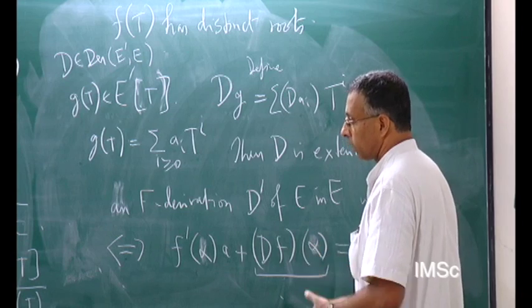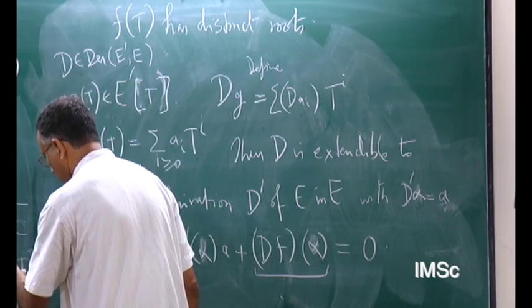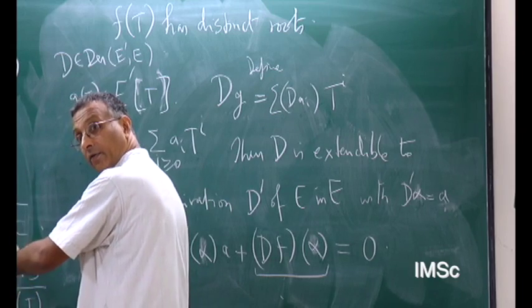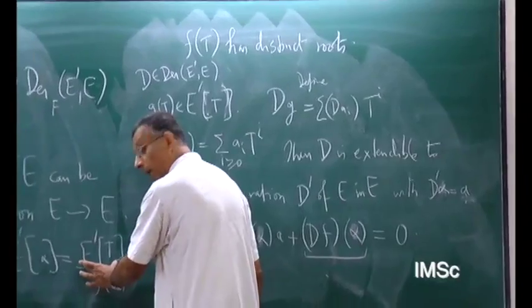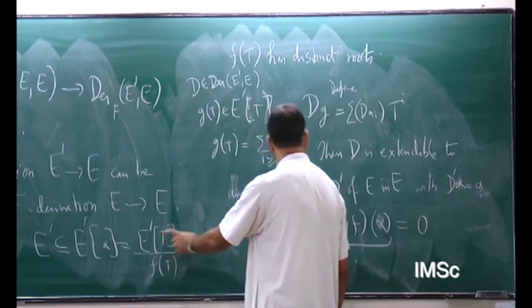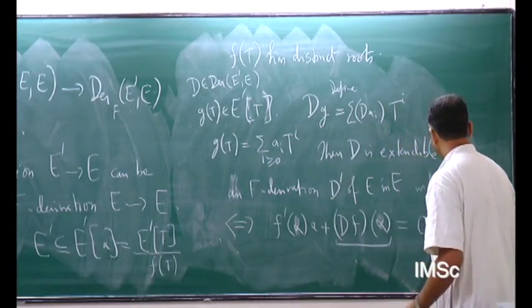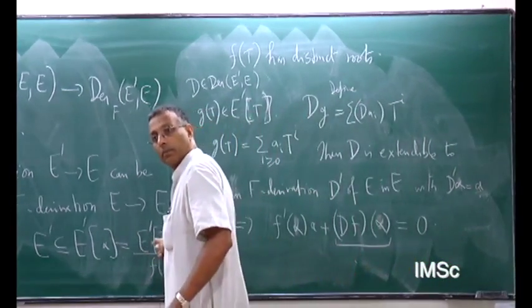Once this holds, then I know that the derivation I have from E prime t, I can define a derivation. I can basically send d prime of t to anything, right?